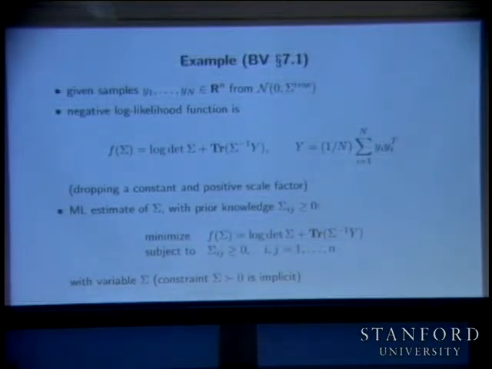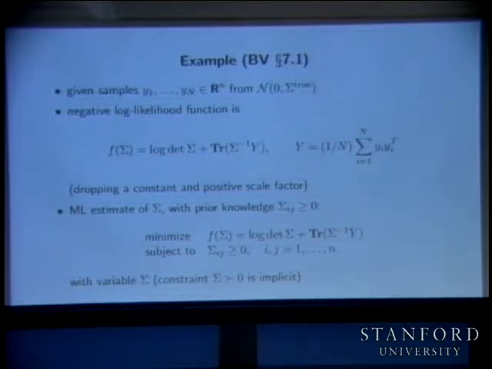So the negative log likelihood function, which we're going to minimize, is, you just work this out, it's right out of the book anyway. It's log det sigma plus trace sigma inverse Y. And capital Y is the empirical second moment of your samples, not covariance, because there's no reason to believe that the yi's sum to 0. They won't.